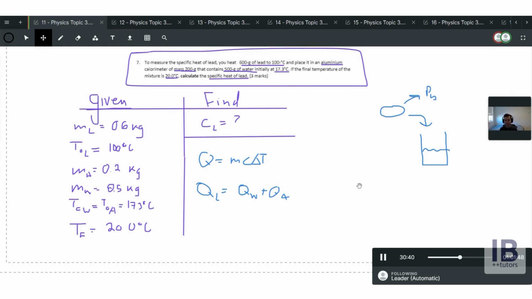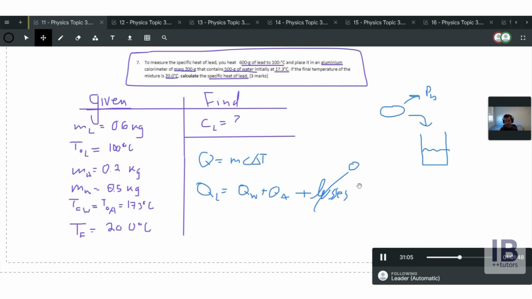So the heat that is lost from the lead, because it's the hottest object, must be the heat that is gained from the other 2 objects. This is the isolated system. You don't have any losses here, so let's say losses would be equal to 0. It's ideal. So really what we have is QL equals QW plus QA.